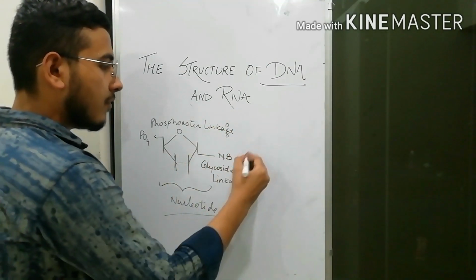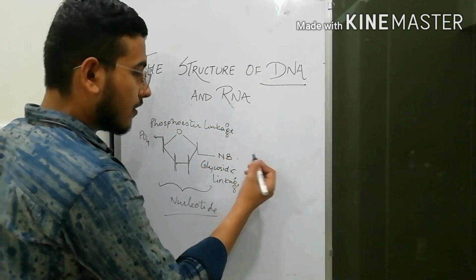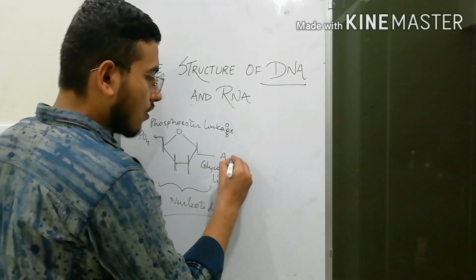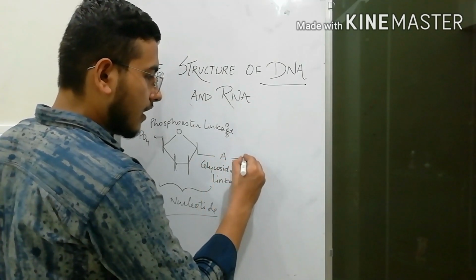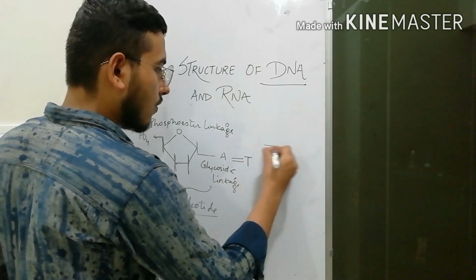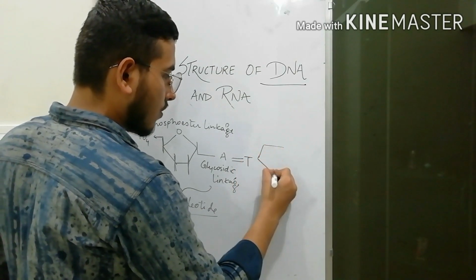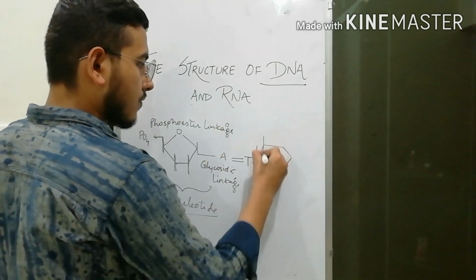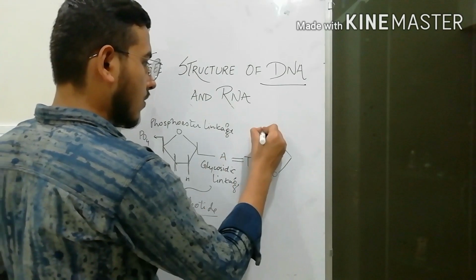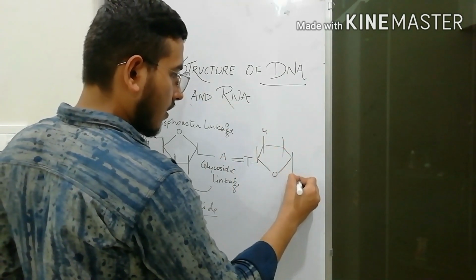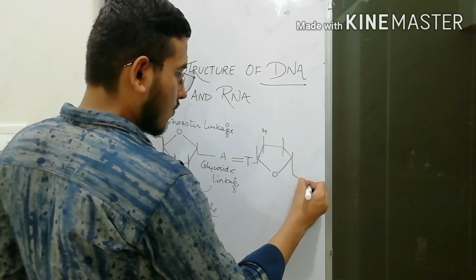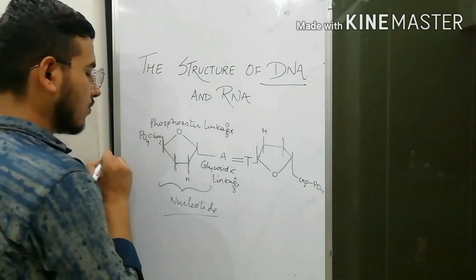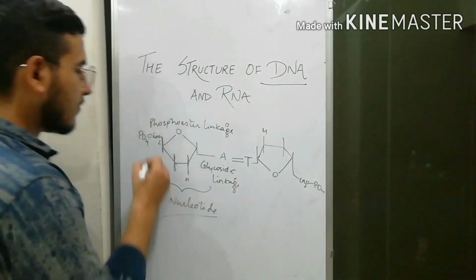The same with the opposite base pairing: if here it is A, then A will pair with T. Here H, CH2O phosphate, here also CH2O, you can add another phosphate.